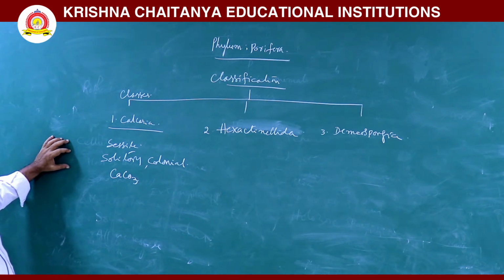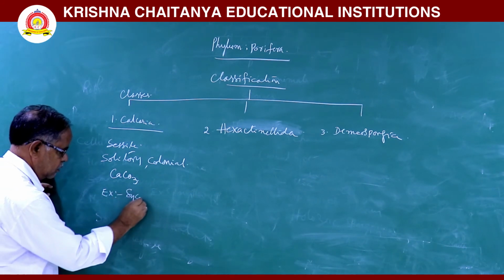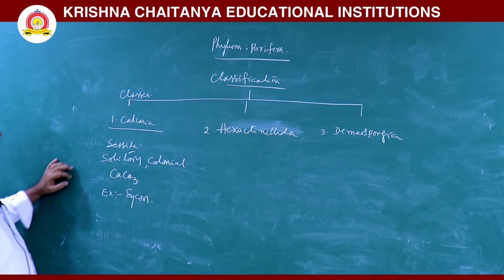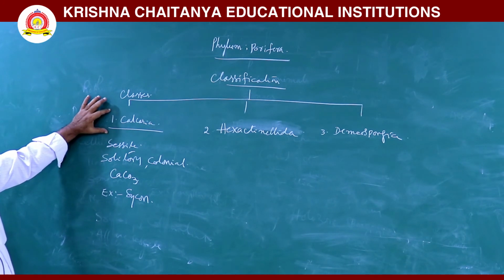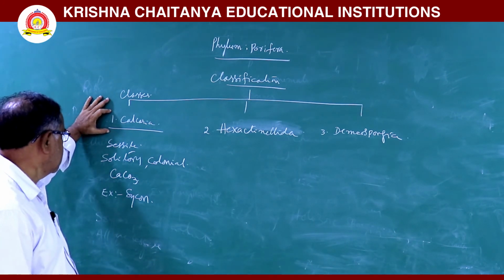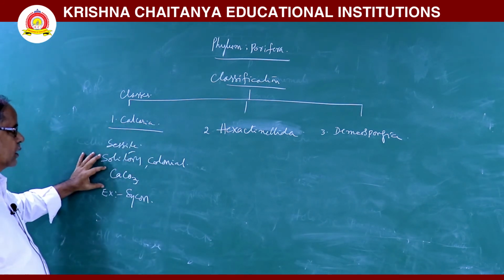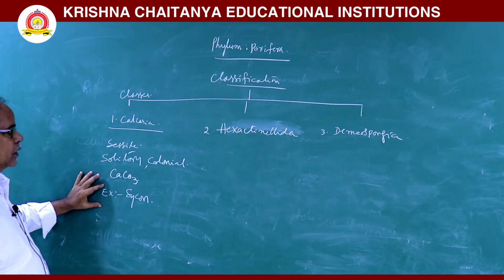Example, Sycon. They live in shallow sea water. Sessile, solitary, some are colonial. The spicules are made up of calcium carbonate. Example, Sycon.